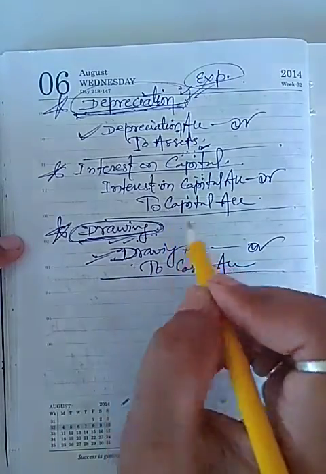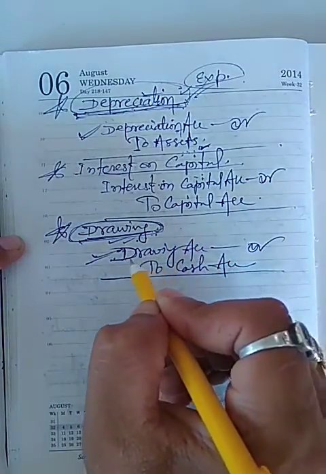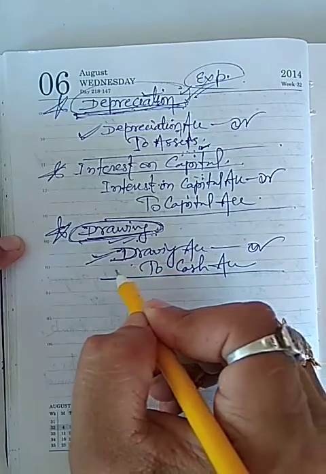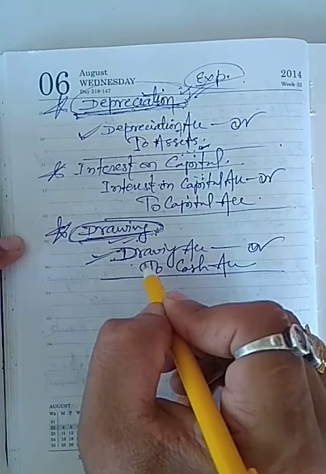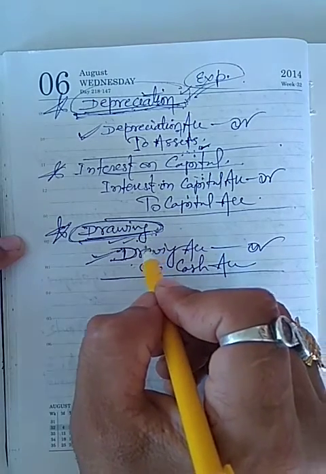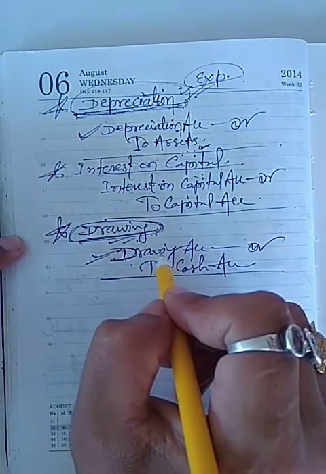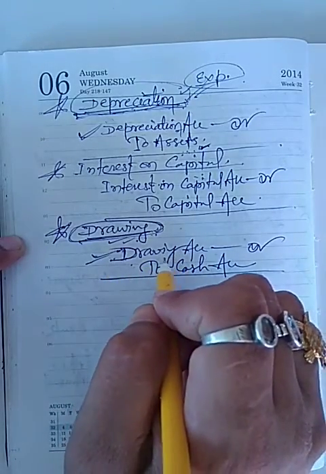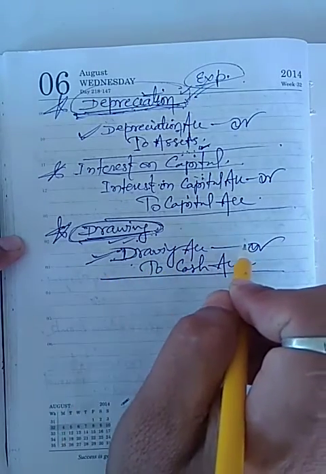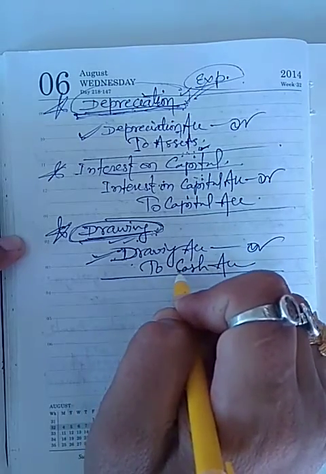When capital is invested in the business by the proprietor, that means the business started with cash, then the journal entry will be cash account Dr to capital account. But drawing is the opposite of invested capital, so drawing account Dr to cash account.